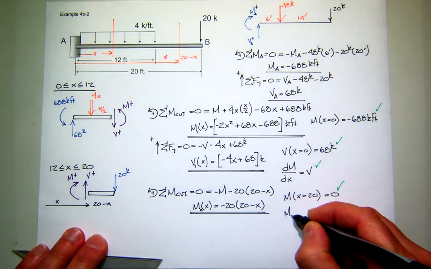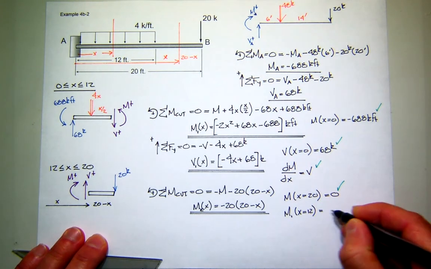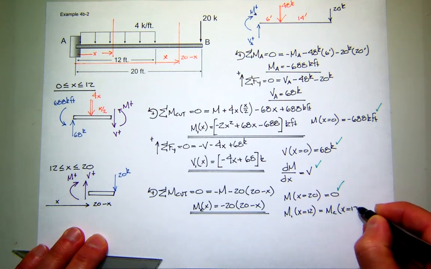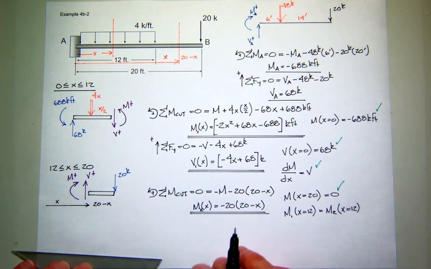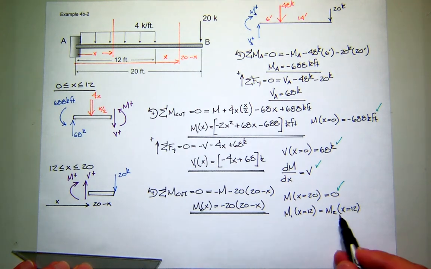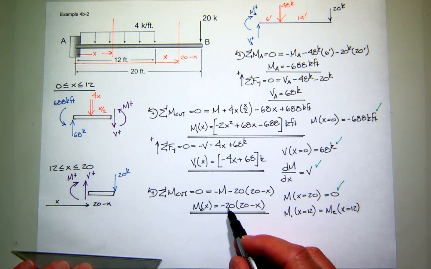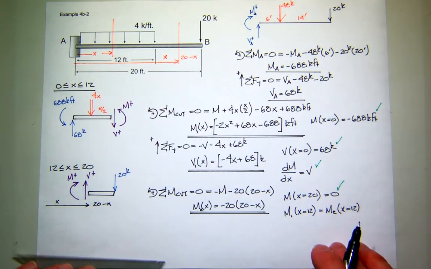So moment 1 at X equal 12 should equal moment 2 at X equal 12. So I'm going to let you guys figure that out. I can do the second one easy. I put 12 in here, I get 8. 8 times that's negative 160. Somebody else go check that real quick and tell me if it's negative 160.